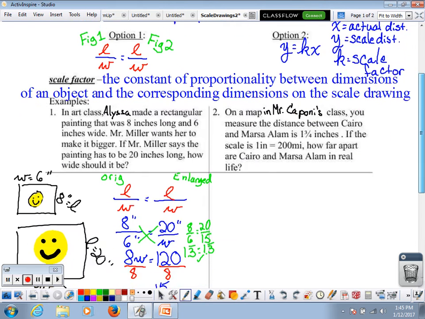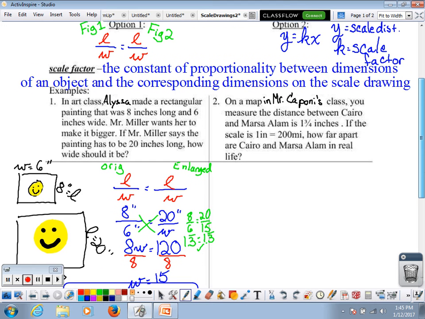So, who really likes social studies class? Cammie, read number 2 first, please. On a map in Mr. Custodian's class, we measure the distance between Cairo and Marsa Alam, and 1 3/4 inches.